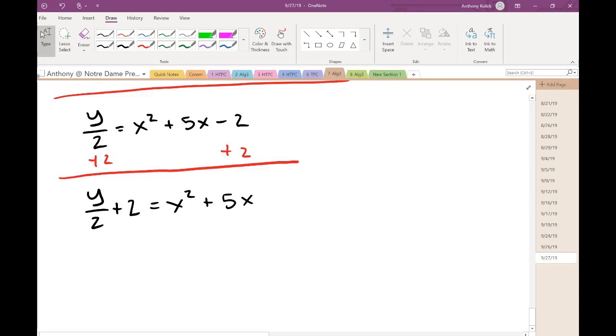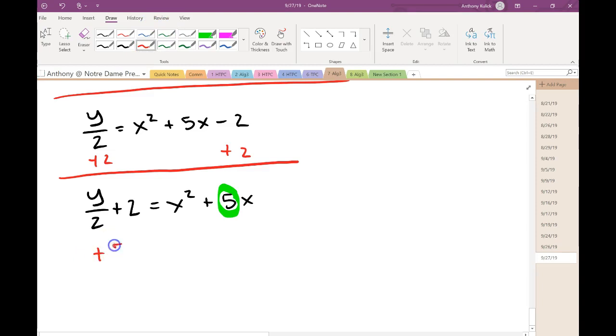Okay. Now that we've added the c to both sides, what we're going to do is add b squared, or I'm sorry, b over 2 squared to both sides. The b that I'm referencing is this 5 coefficient.